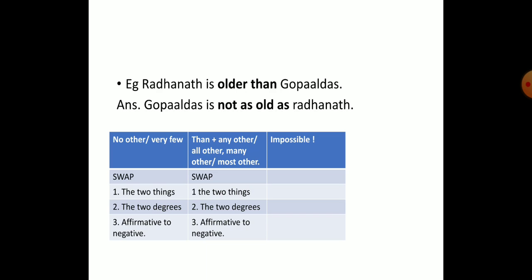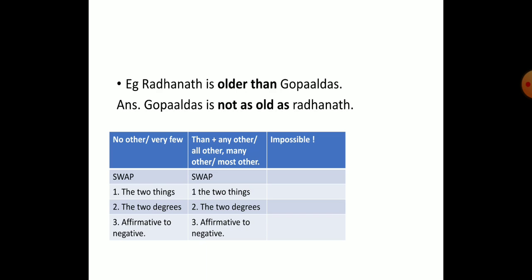In that case, my sentence will go only from the positive to the comparative and vice versa. And for that, I have a simple formula. Swap the two things, swap the two degrees, and swap affirmative and negative. As you can see on the screen, swap the two things, swap the two degrees, and swap the affirmative and negative.